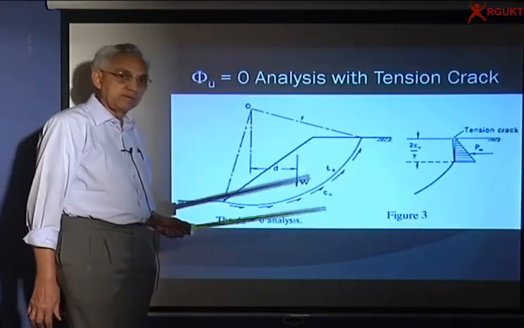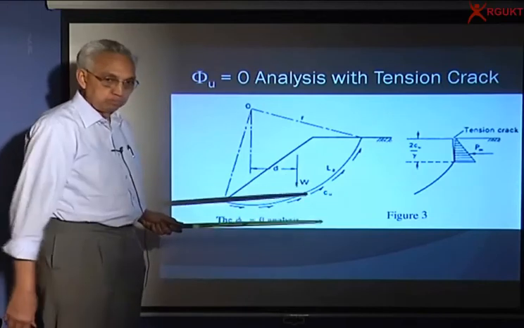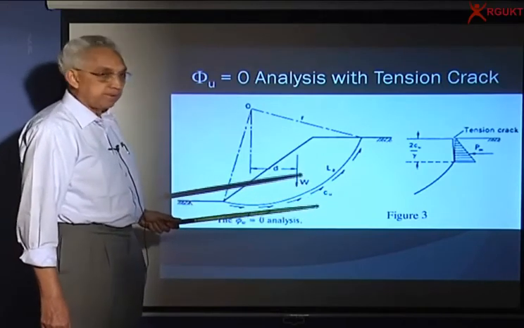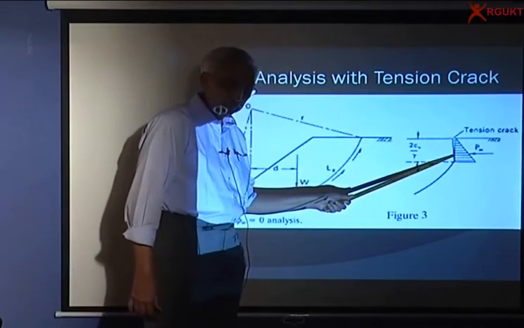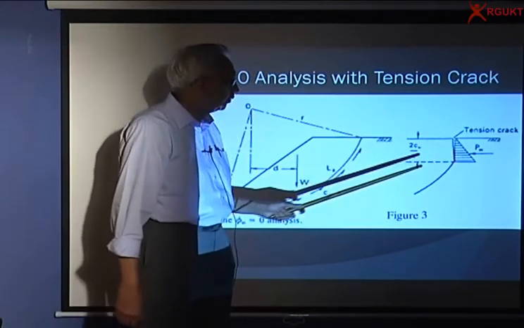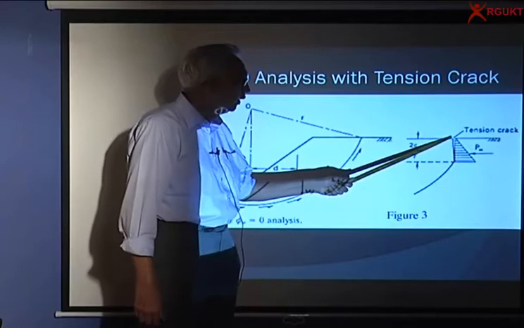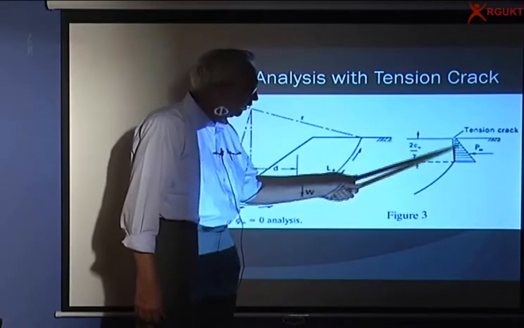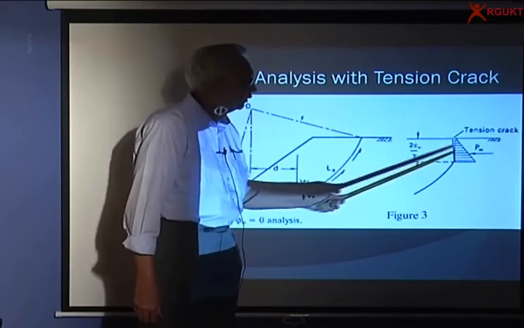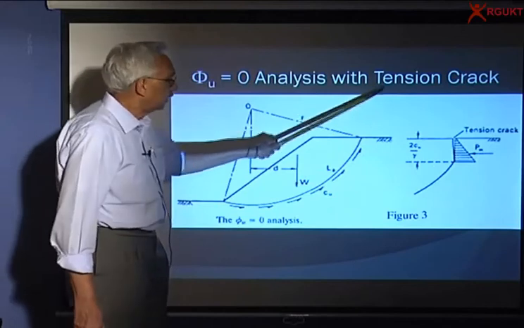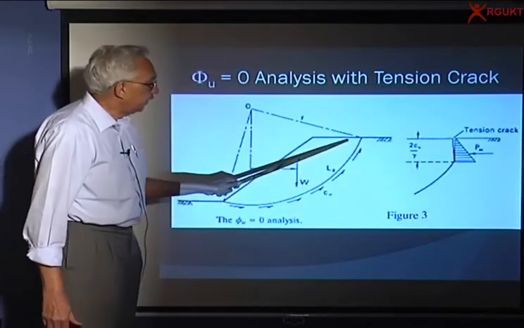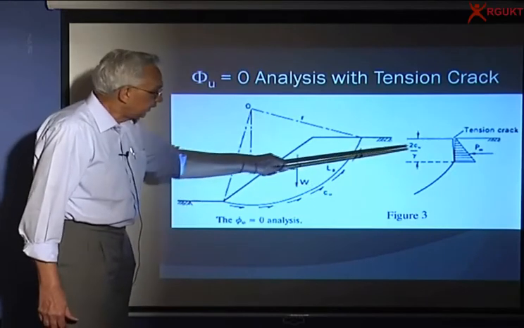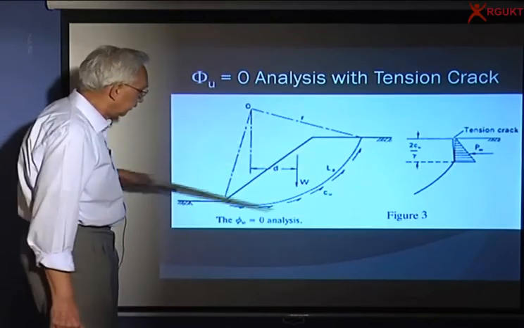And if, for example, in the summer it has been very dry and you find that a crack has formed, at the end of summer the most critical period would be when the rain came and this is full of water. So this is called a tension crack. With that you will have water pressure here, and we add it up here, saying that this water pressure also causes failure.